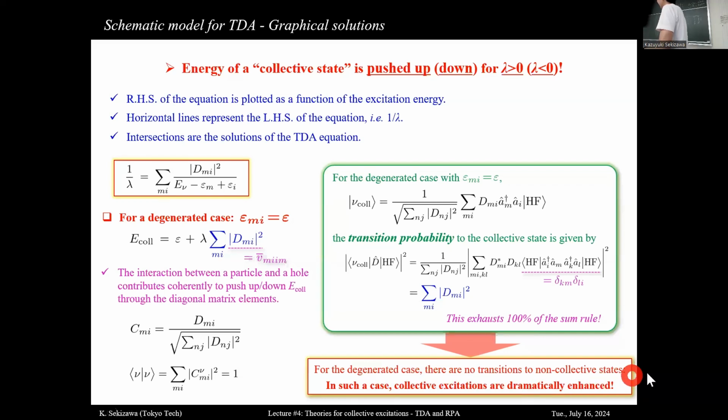So in any way, the bottom line message is that there are so-called collective excitations, and in this collective excitation, many particle excitations are contributing equally or coherently, and it makes the transition probability higher.